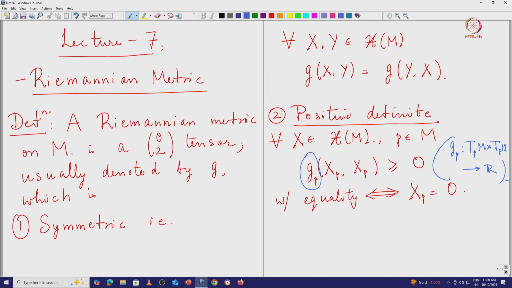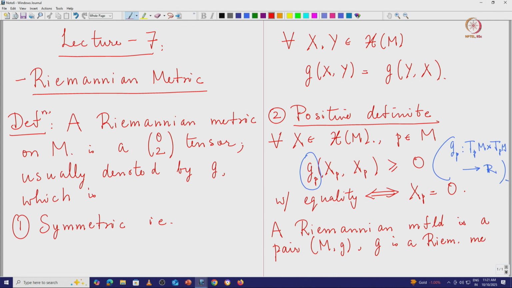So any 0-2 tensor which is symmetric and positive definite is called a Riemannian metric, okay. And then a Riemannian manifold is a pair (M, g) where g is a Riemannian metric on the manifold M, okay.